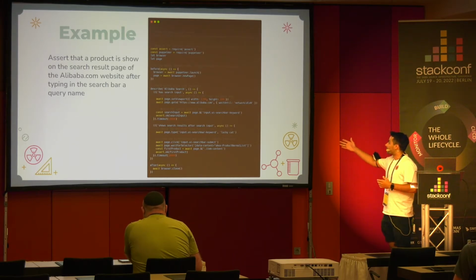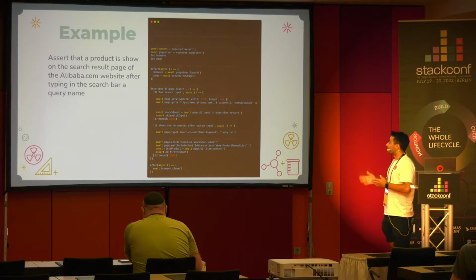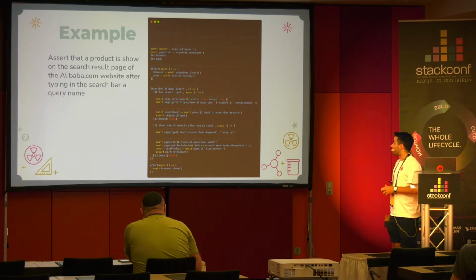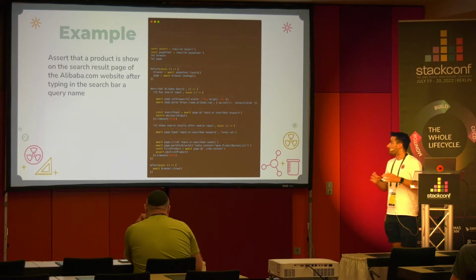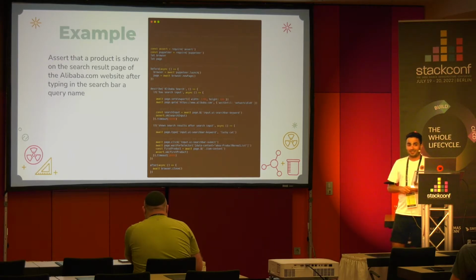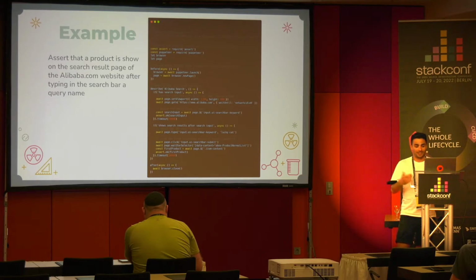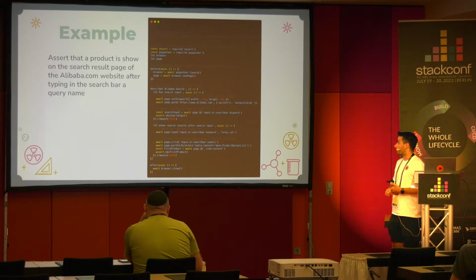So it's pretty easy. Let's say the first test is just setting the viewport for your browser, then going to the Alibaba website, waiting for the network to finish all the network requests, and then finding that there is a search bar on the page. That's a pretty simple scenario, but it works really fine, and it's also pretty simple to write a bunch of other tests.